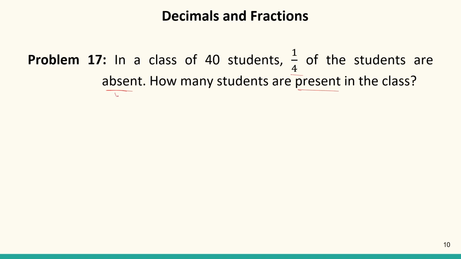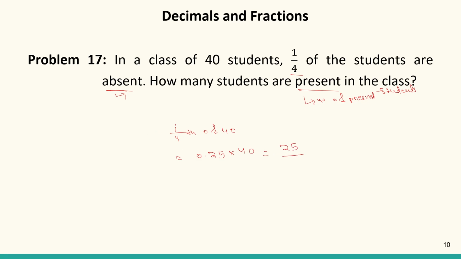The given data is on absent students, and it asks us to find the number of present students. So what we will do is 1/4 of 40, that is 0.25 into 40, which is equal to 25.